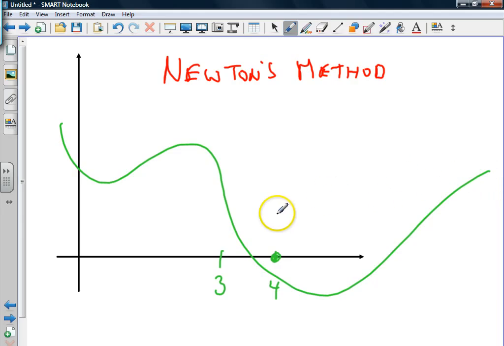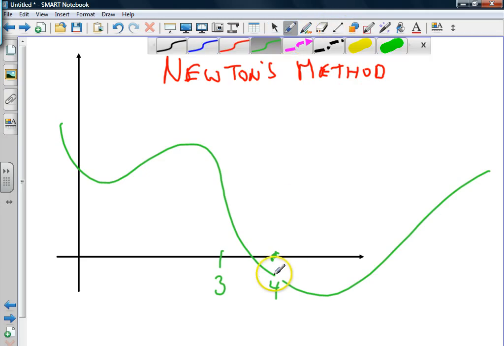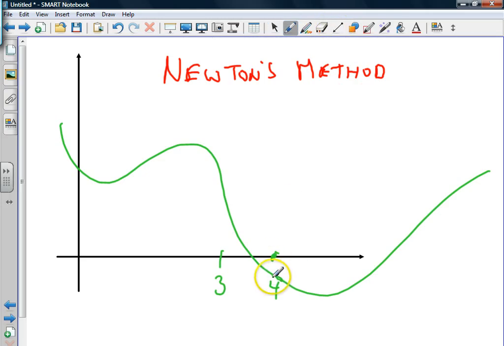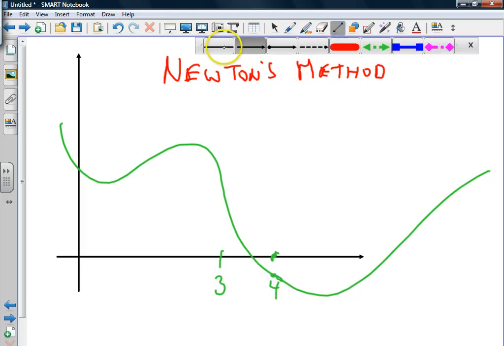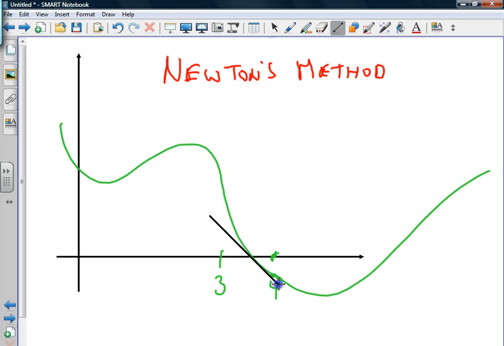What if I draw the tangent line there? So at this point, what does the tangent line look like? Okay, something like that. Let's say that's the tangent line.